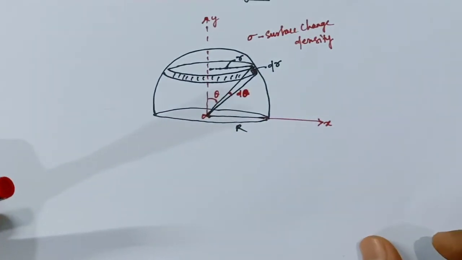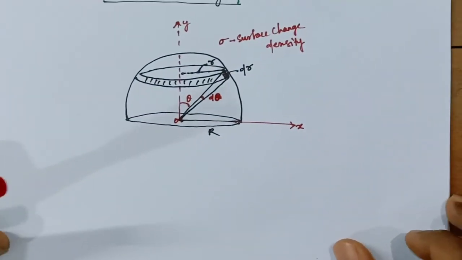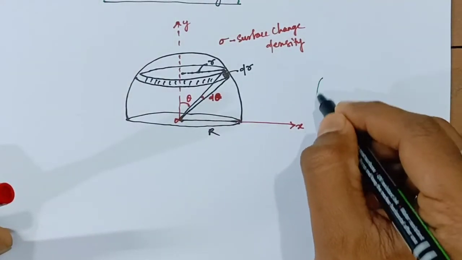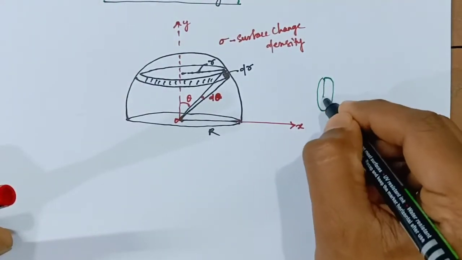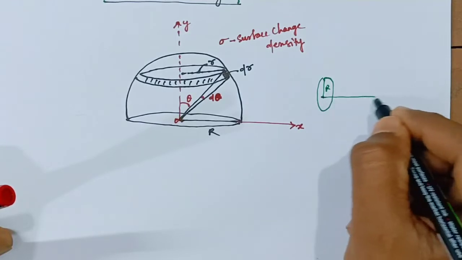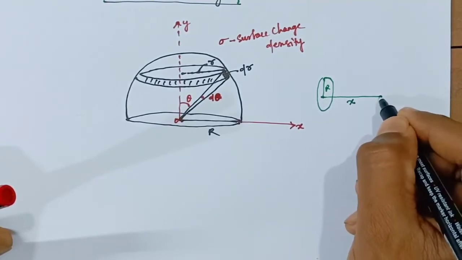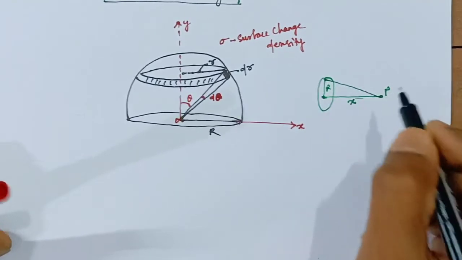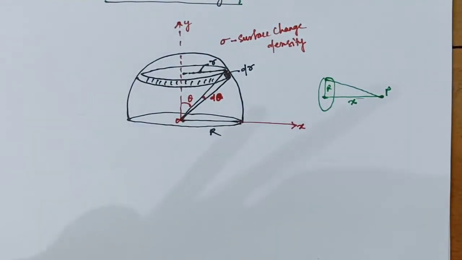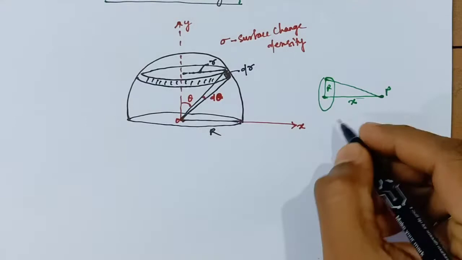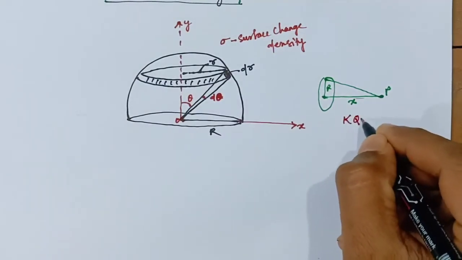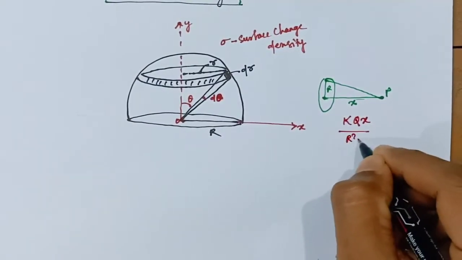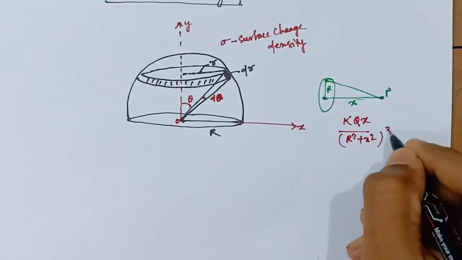If I go back to my previous lectures, I already said if this is a ring of radius r, and exactly on the axis x at some distance, if P is a point, we can directly write the expression of electric field as k q x upon (r square plus x square) whole to the power 3 by 2.